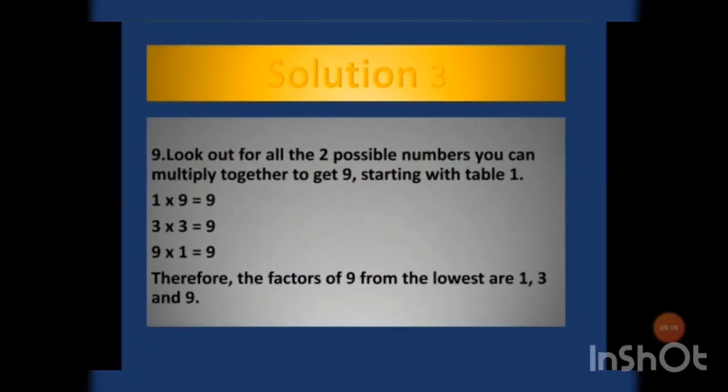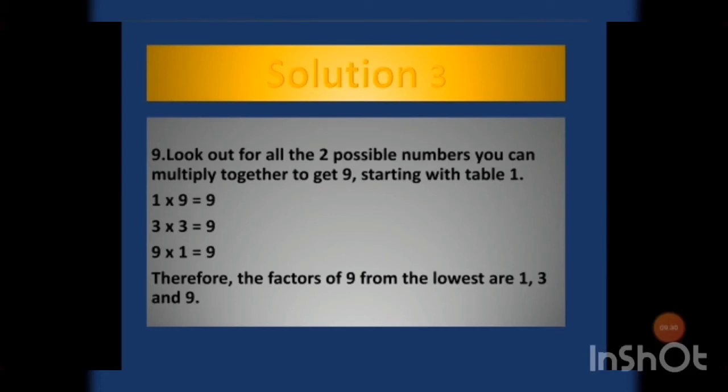Now, here comes the last solution. We are finding the factors of the number 9. So what do we look out for? We look out for all the possible numbers you can multiply together to get 9. So what do we start with? We start with table 1. So 1 times 9 equals 9. How about 3?